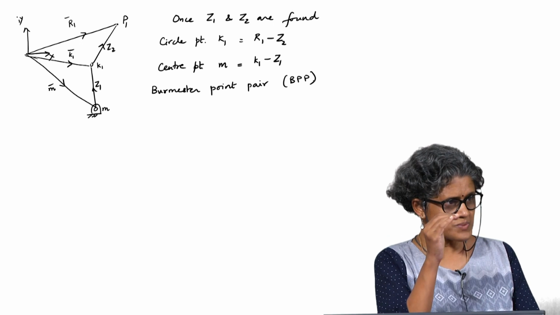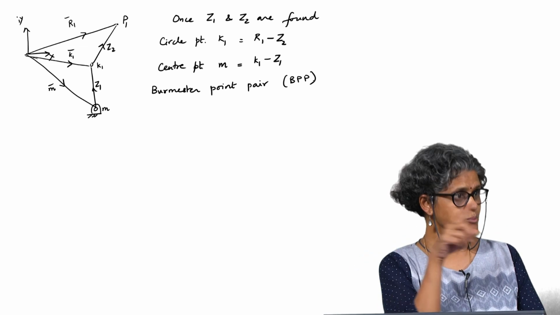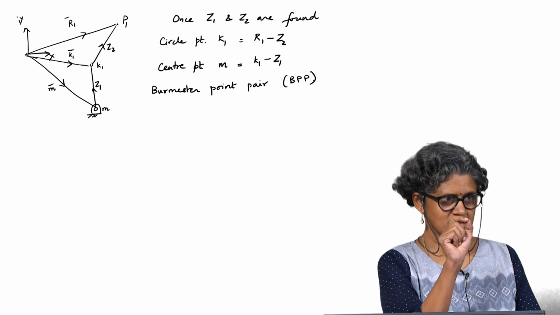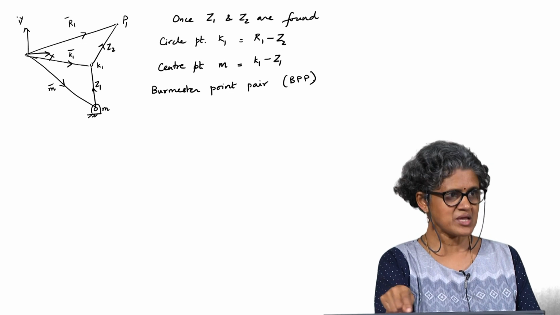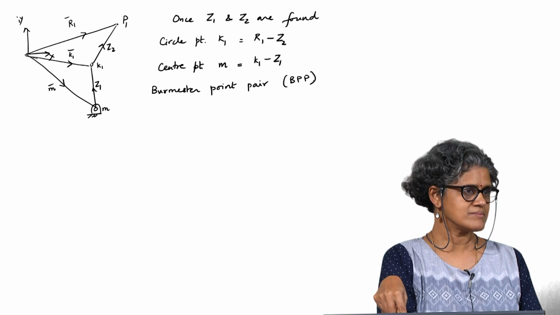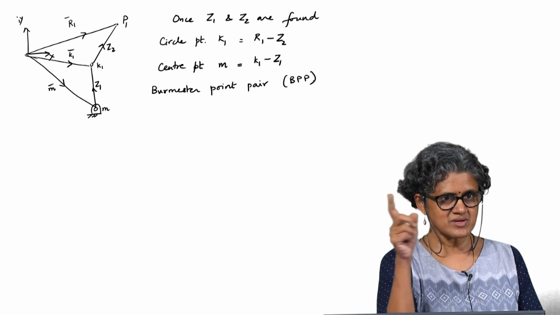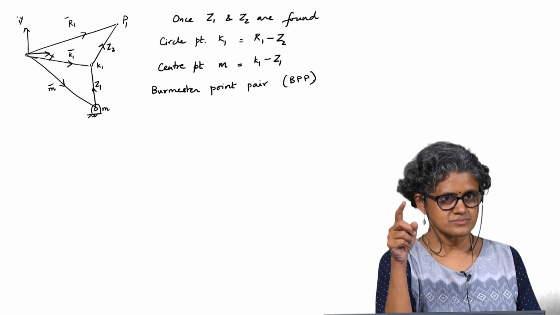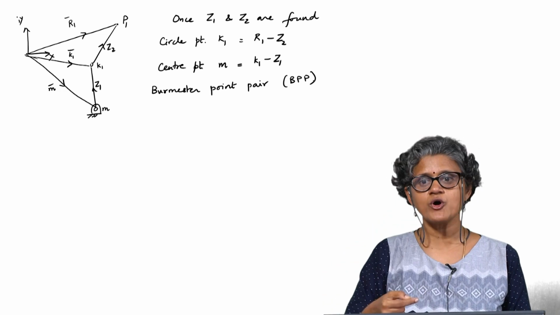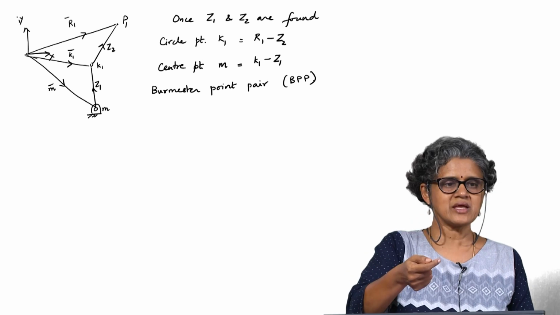So, once I draw the curve of all possible circle points and I choose a circle point, which means I specify my K1, then M becomes completely determined, because M equals K1 minus Z1. I have solved for Z1 and Z2. So, for each circle point there is a corresponding center point, or the other way around also.